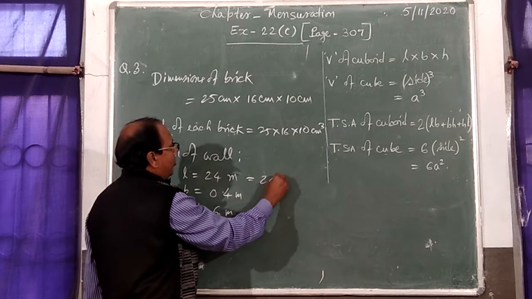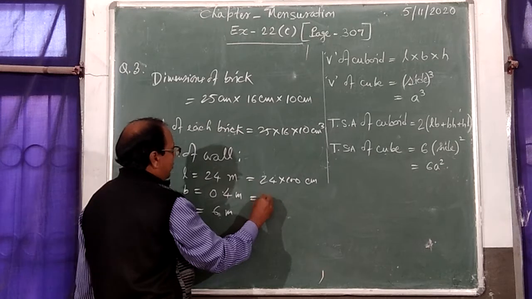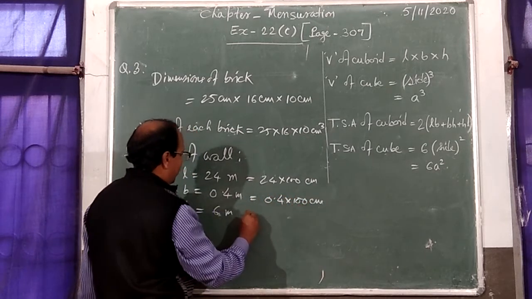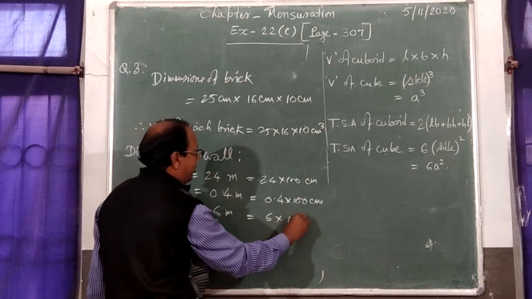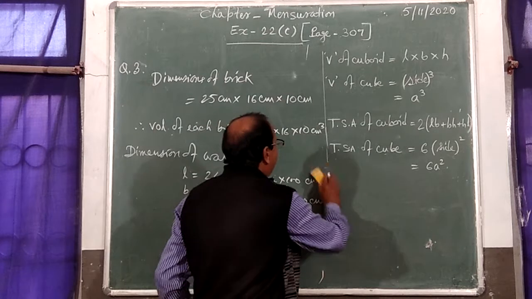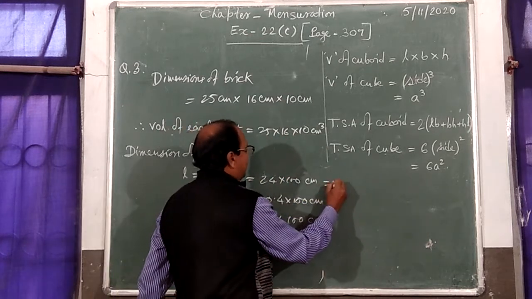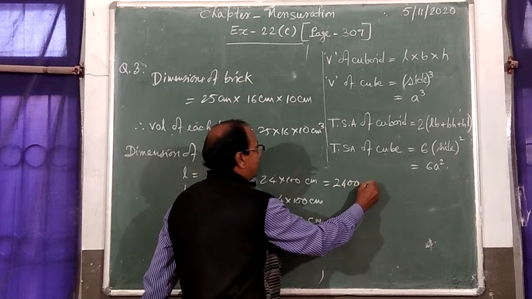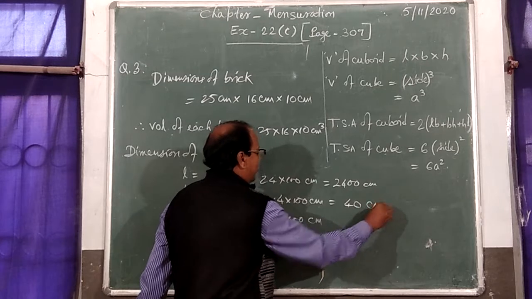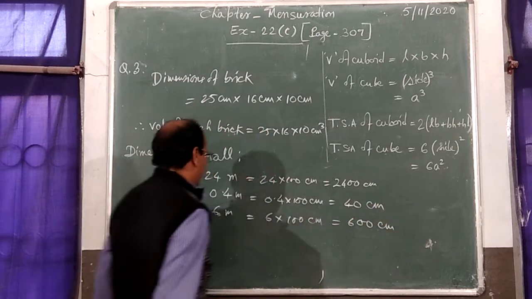So 24 into 100 centimeter, 0.4 into 100 centimeter, 6 into 100 centimeter. So we have now the length of wall is 2400 centimeter, 40 centimeter, here 600 centimeter.